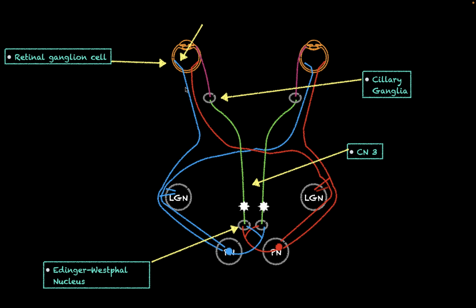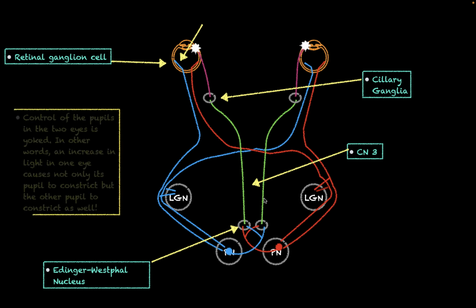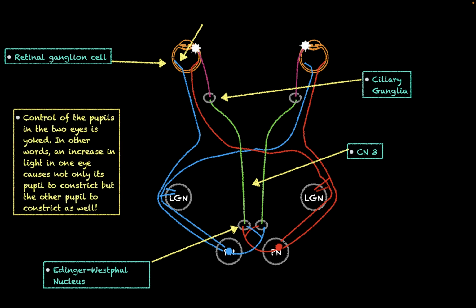So basically what we see here is this signal is split here, and the signal is going to move up cranial nerve number 3 into the ciliary ganglia of both eyes. Then it's going to move into the postganglionic parasympathetic neurons of both eyes and therefore cause both eyes to constrict in response to light. So what is this pupillary light reflex saying?